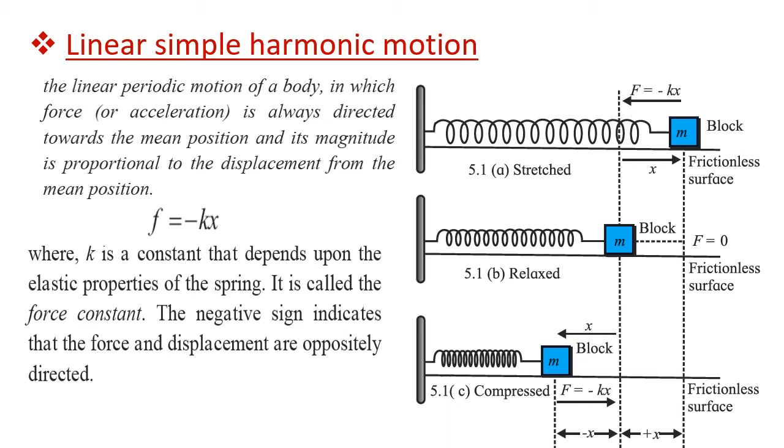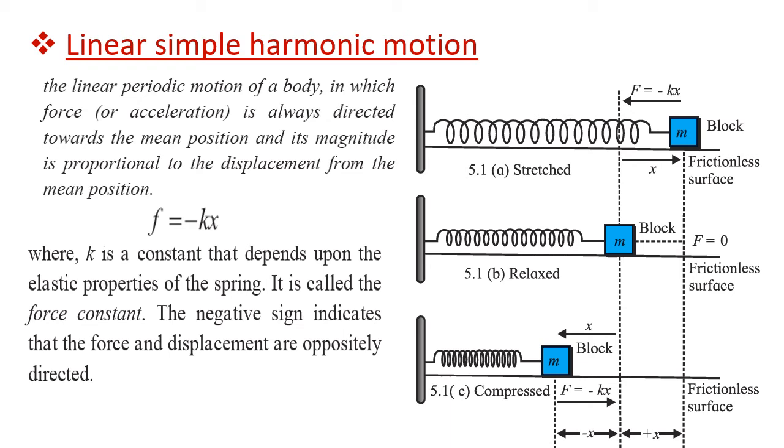The spring will try to regain its original size and shape, and therefore it exerts a restoring force on the block, and this restoring force, which is indicated by this arrow, is exactly in the opposite direction, and it is responsible for bringing the block back to the original position.